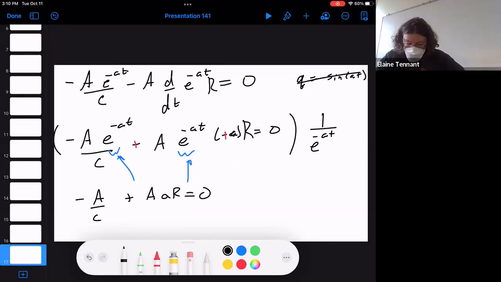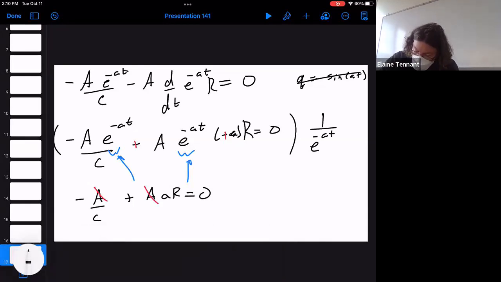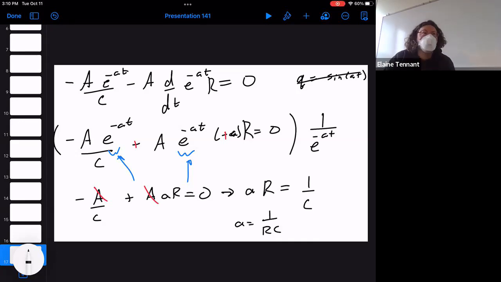Okay, these capital A's, unfortunately, there's not much I can do with them in this. They're going to divide out. We'll talk about them later. Then I'm going to have my weird constant that was in the exponent times r equals 1 over c, or my weird constant is 1 over rc.